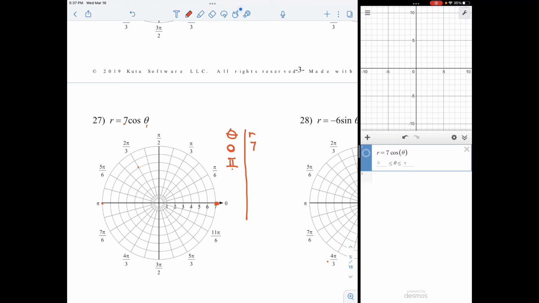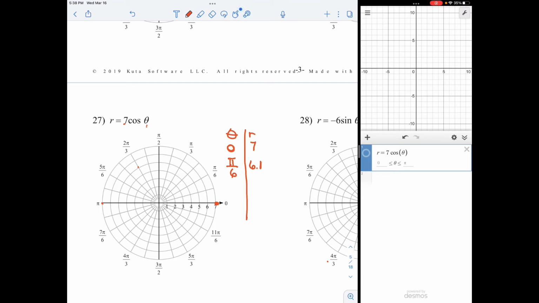Our next one, let's just do pi over 6. I know we have the unit circle, so I could use it to do this, but because I want more exact answers, I'm going to use my calculator. When theta is pi over 6, I get approximately 6.1.